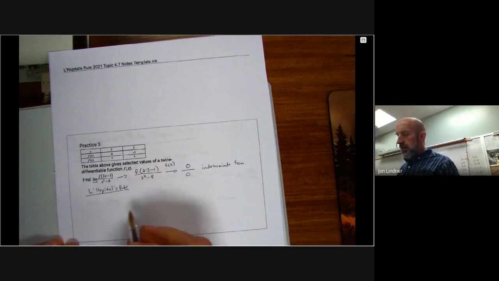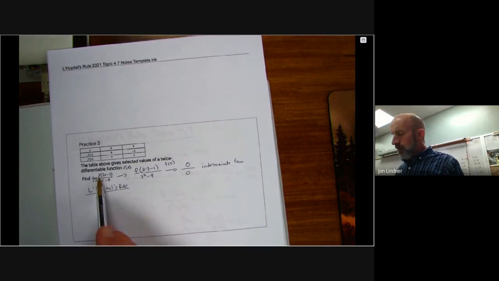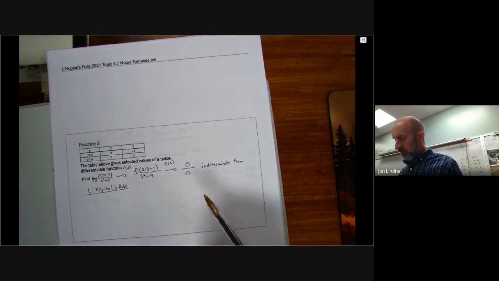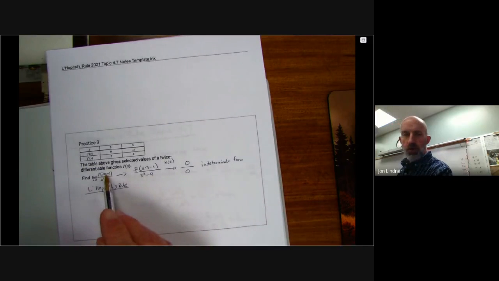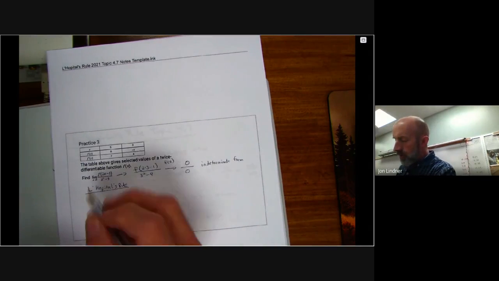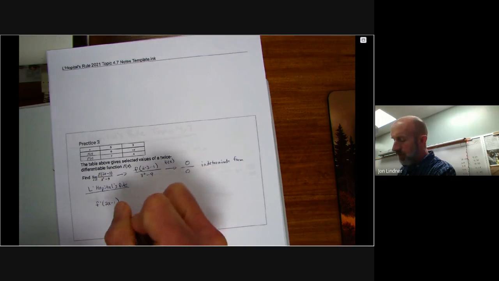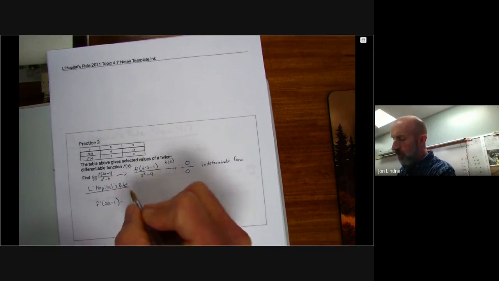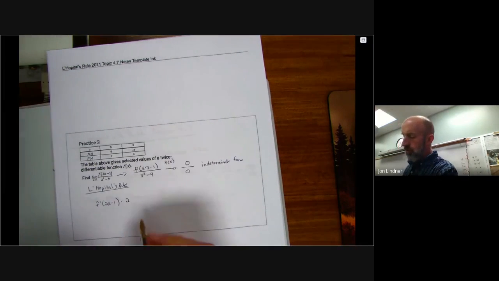L'Hopital's rule applies. So the derivative of the top. Well, that looks like a composition of functions to me. That is most definitely a composition of functions, so I need to use the chain rule. So on top, I have f prime of 2x minus 1, times the derivative of the inside, which is 2.